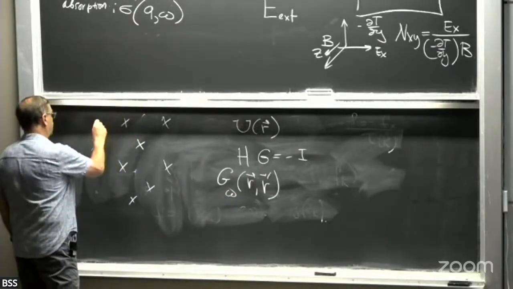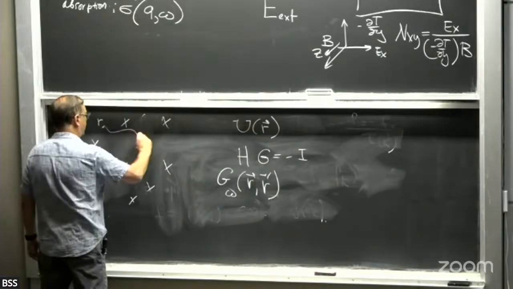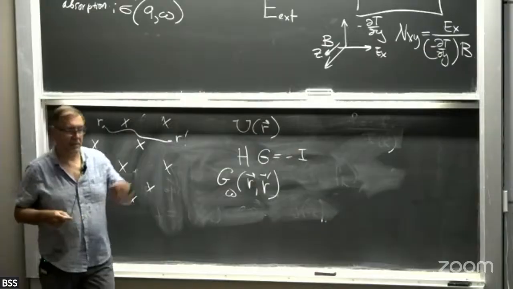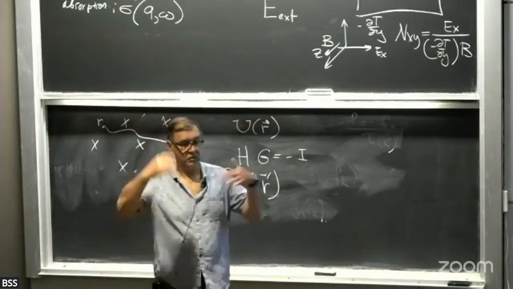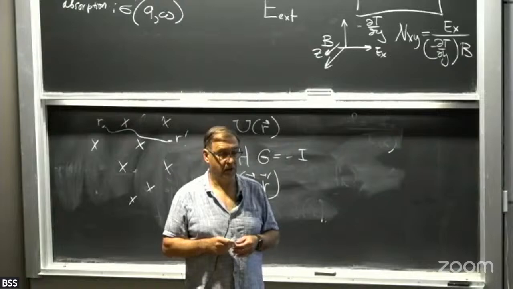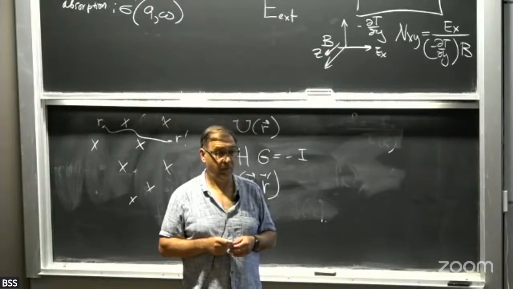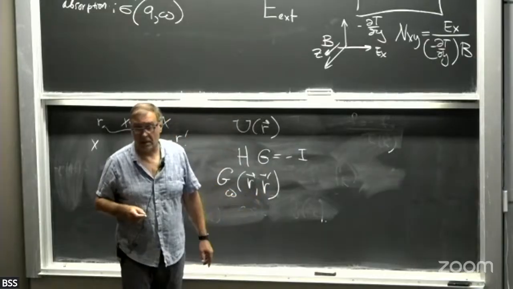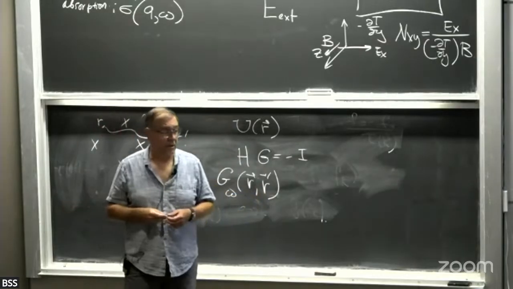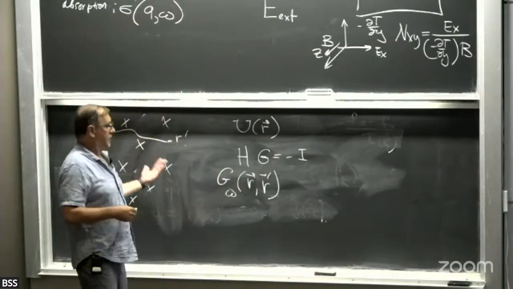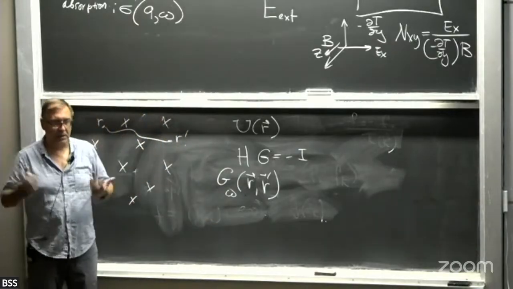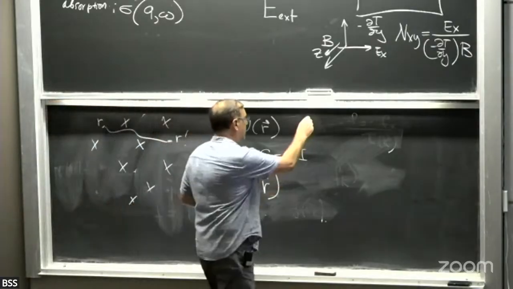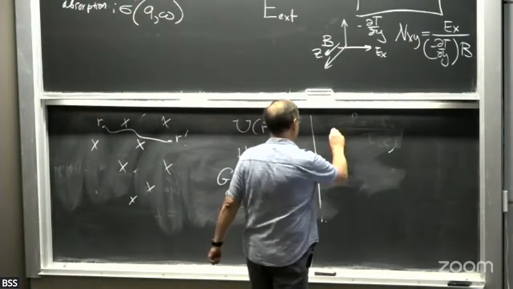Because if I start at some point R and I end in point R prime, it matters not only how long did I travel, but also where I start and where I ended, because my system is not spatially uniform. Of course, we never know this Green's function in reality unless we do a numerical calculation, because it is just a Green's function of the Schrodinger equation and very complicated disorder profile. But once I know this Green's function, I can calculate the average conductivity.